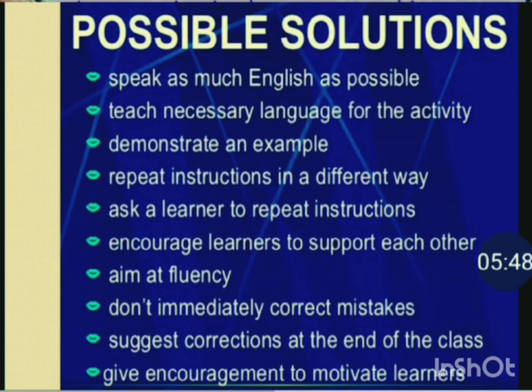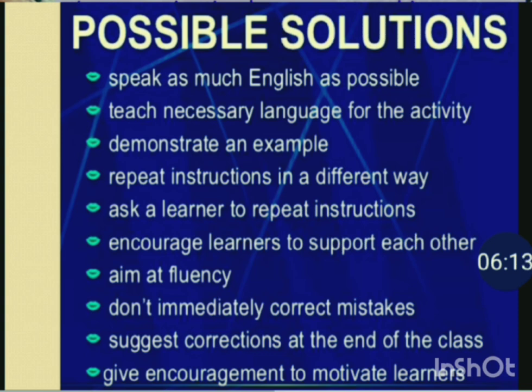And next one is repeat instruction in a different way. Okay, you can use differentiation while you are explaining the topic. In one class, students are not at the same levels. Try to differentiate and modify your instruction in different ways.